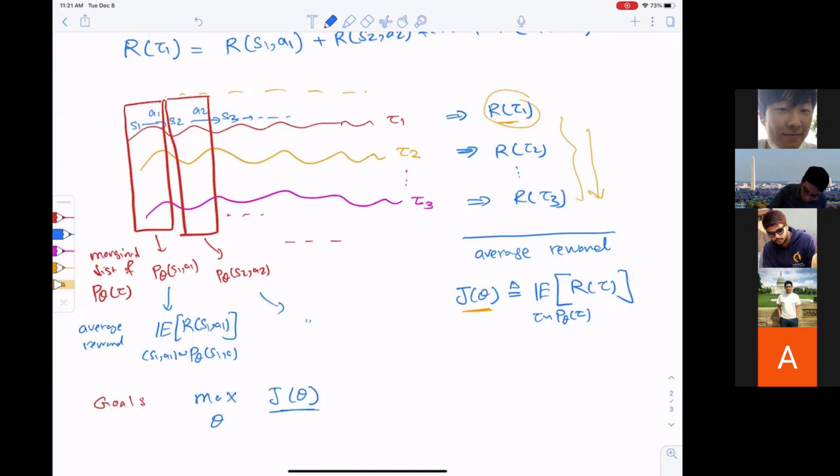So it is going to also be equal to the sum from t equals 1 to T of the expectation of the rewards I have in each state action pair. And here S_t, A_t is distributed according to that marginal distribution.